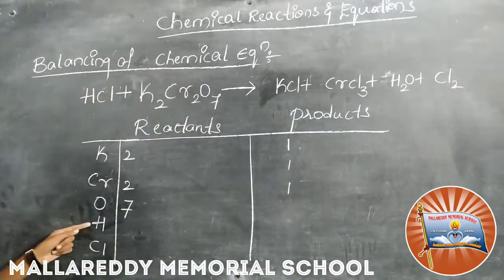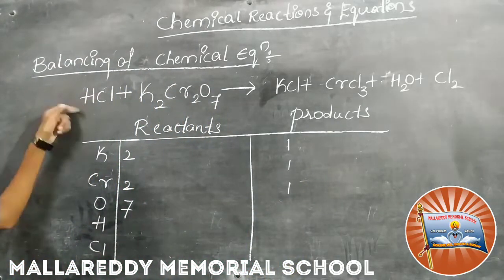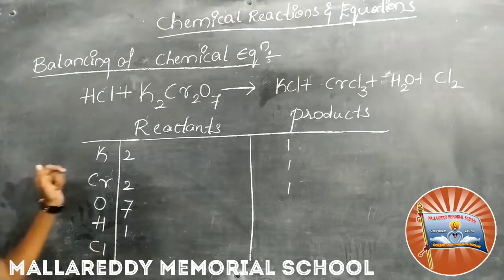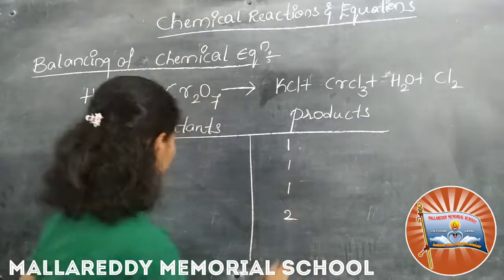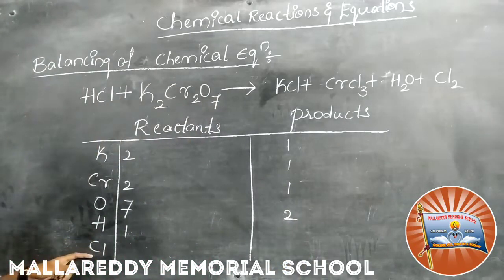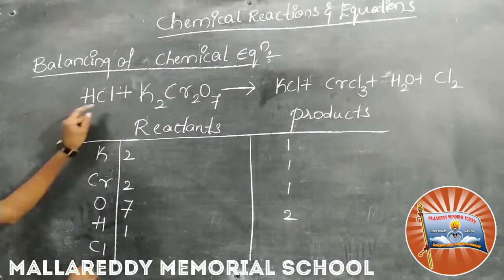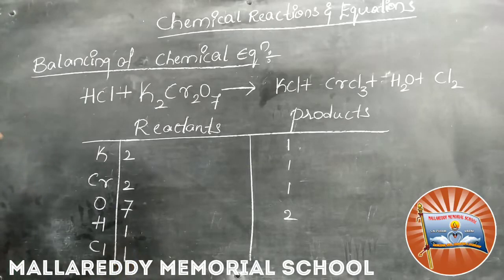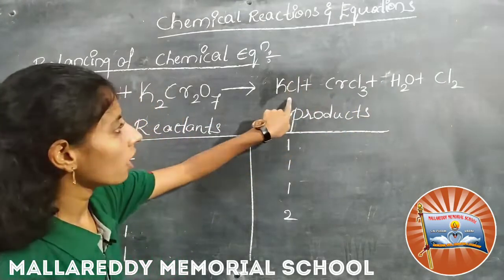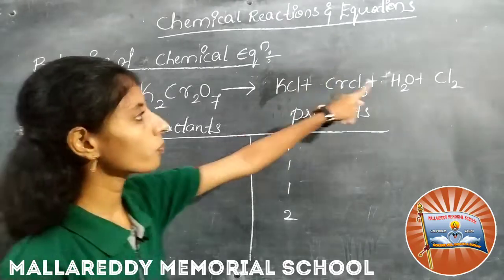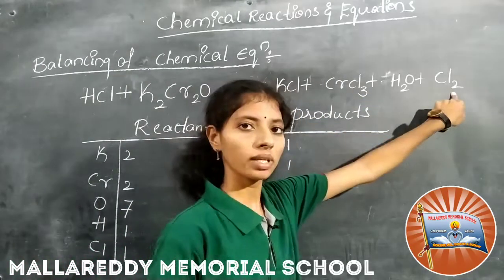Now hydrogens: reactant side we have 1 and product side we have 2. Now finally chlorines: reactant side we have 1 and product side we have 3 and one more 1, and here 2, total 6.